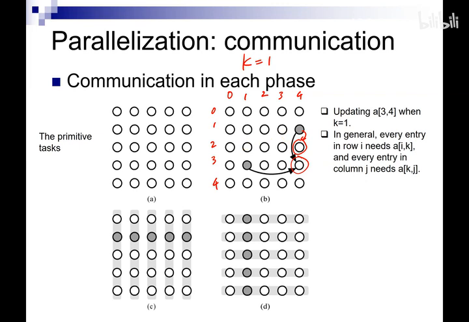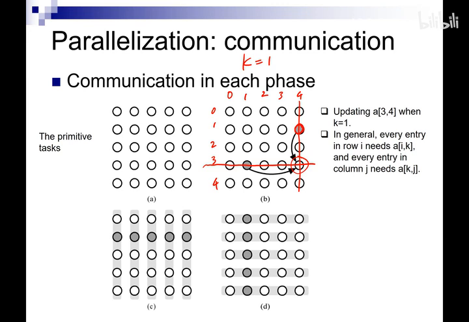But the point is that if you take any task on this column, it's all going to have to read the value A14. All of the tasks in the fourth column need the value A14. Likewise, all of the tasks in row 3 will need the value A31.